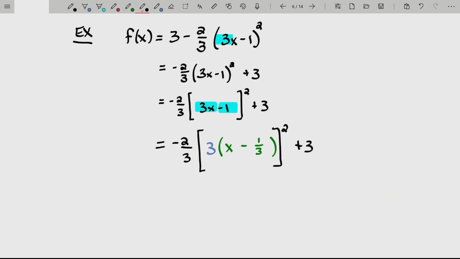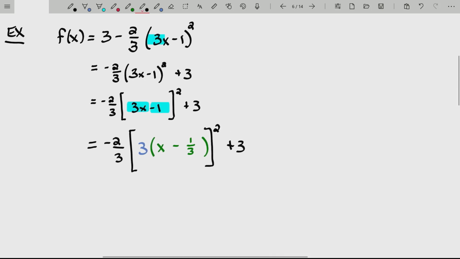Now I can apply that square using the laws of exponents. You should remember the product of bases raised to a power is the product of those bases each raised to that power. So a times b to the n is a to the n times b to the n. I really don't like saying that in language because it is very hard for people to follow.